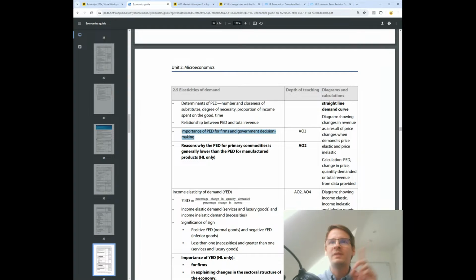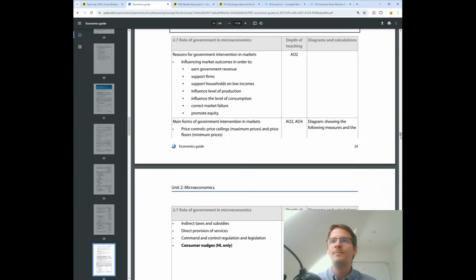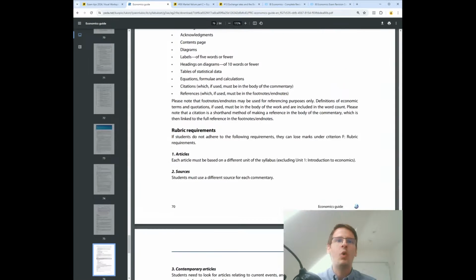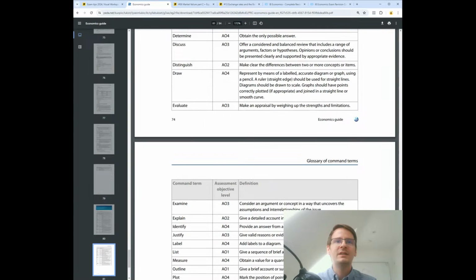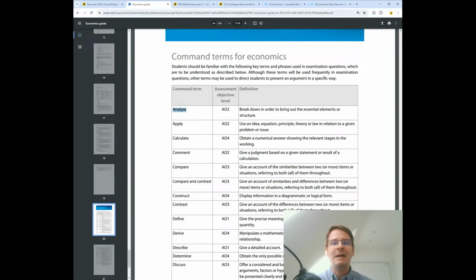And then one more thing, I really promise that this is the last thing in here. Many students don't know that if you scroll down all to the very end, or almost the very end, there's a part called glossary of common terms. These are the terms that the IB will use in exams.